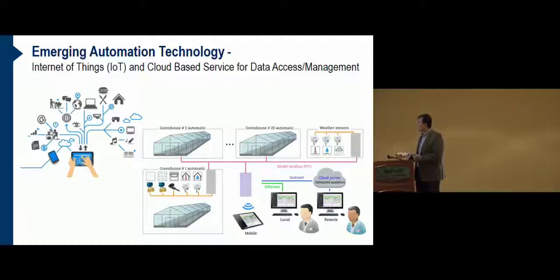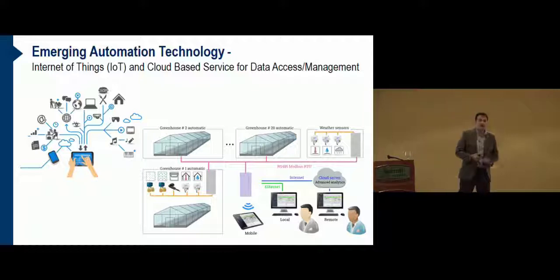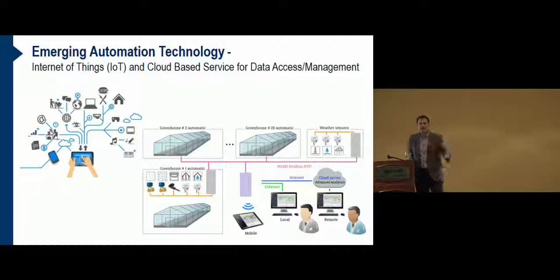Accessibility to data through cloud-based services is becoming a trend and an area that is growing and can provide direct connectivity between the user and among the users over a given network space. This would really help manage the data at a lower cost and in a more effective way for crop production in controlled environments.